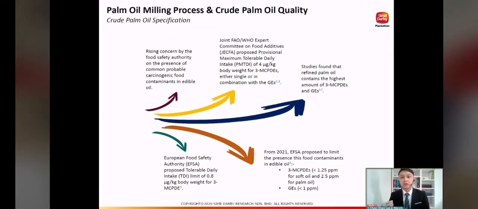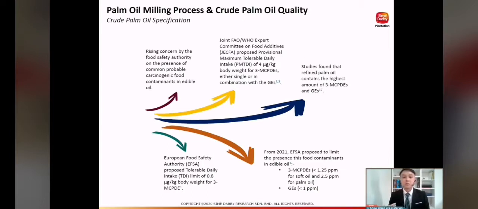Research has also investigated 3-MCPD formation in vegetable oils, and it was found that crude palm oil and refined palm oil contain the highest amounts of 3-MCPD and GE.